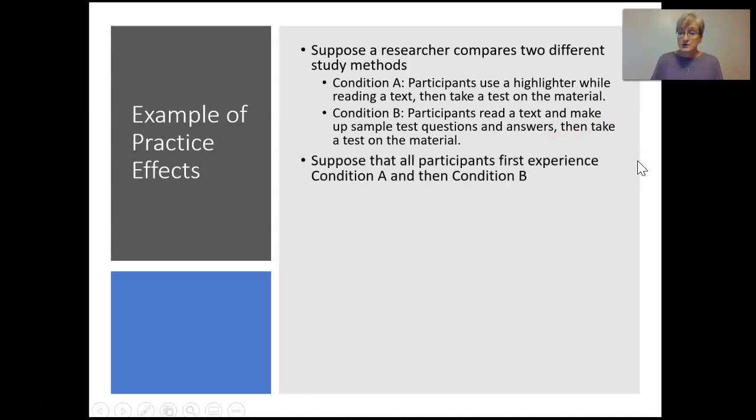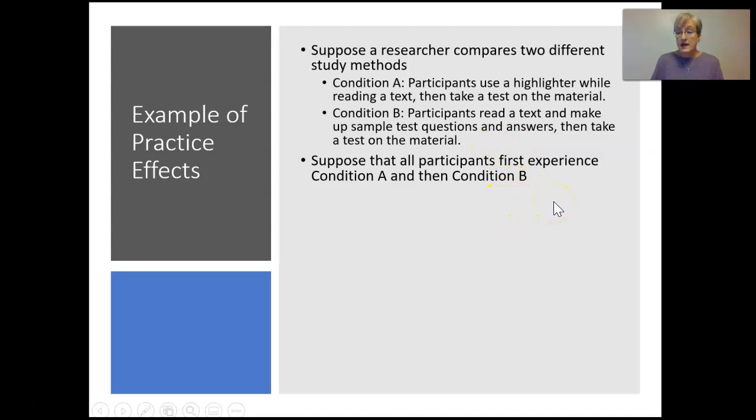Since it's repeated measures, let's say that all of the participants start by doing condition A. So they start out with highlighter test. Then they do condition B. And they read the text, they come up with questions and answers, then they're tested on the material.